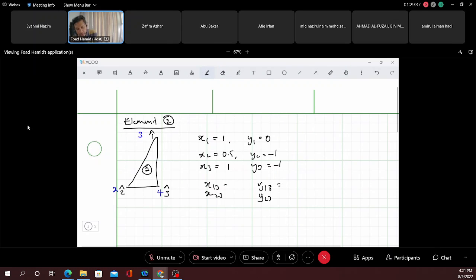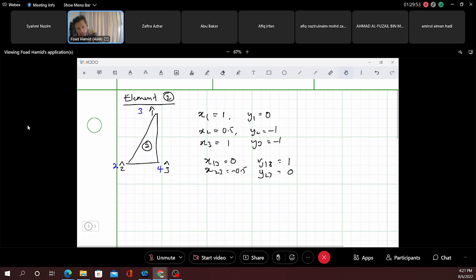So this is just the same thing as before. x1 minus x3 is 0. x2 minus x3 is -0.5. y1 minus y3 is 1. y2 minus y3 is 0. So we can get our J, which is just this matrix here, 0, 1, -0.5, 0.